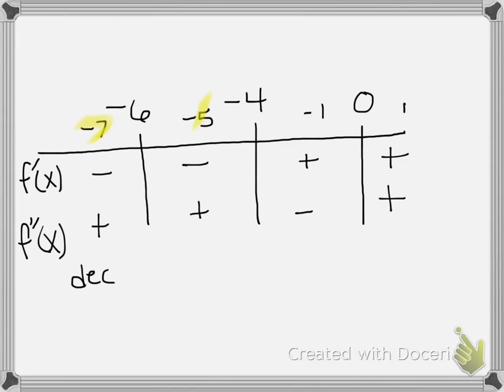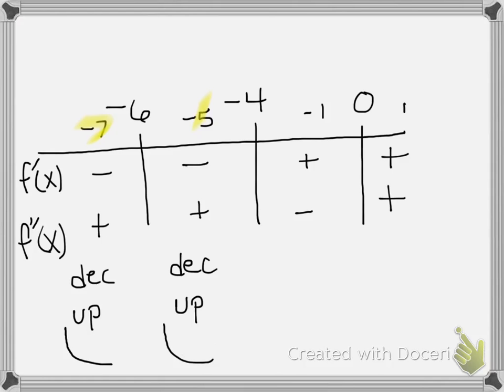And when f double prime is positive, it's going to be concave up, which basically looks like that. And so we're still decreasing and concave up, decreasing because of the negative f prime, and concave up because of the positive f double prime.